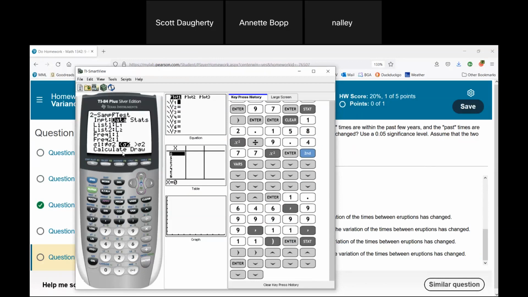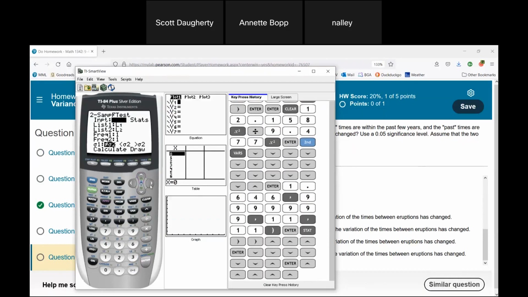The frequency's at 1, right? So these should be 1. And then you would select not equal to, because that's your alternative, and then calculate it. Okay. But remember, I didn't put one of them in L1 and one in L2. I put both of them into L1 just because I wanted to do one variable stats.